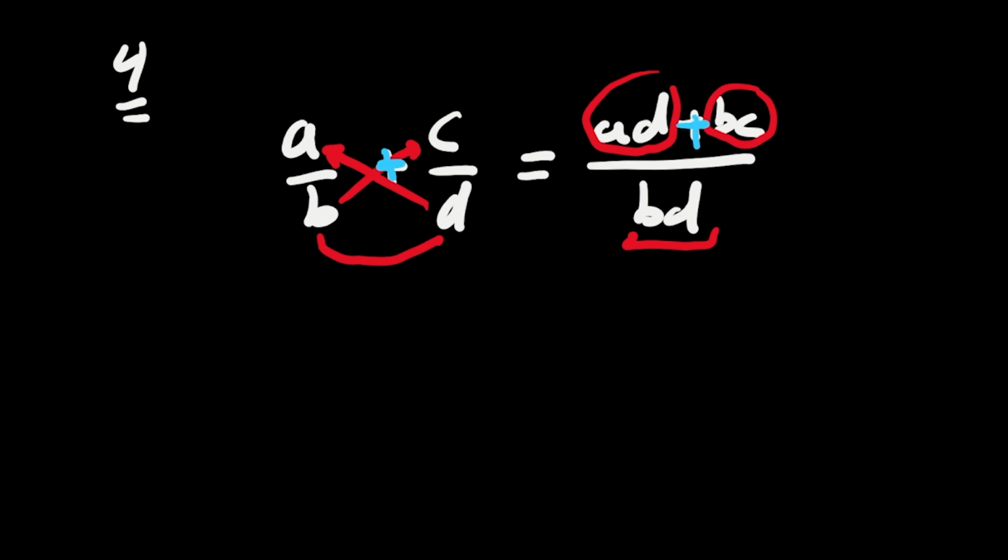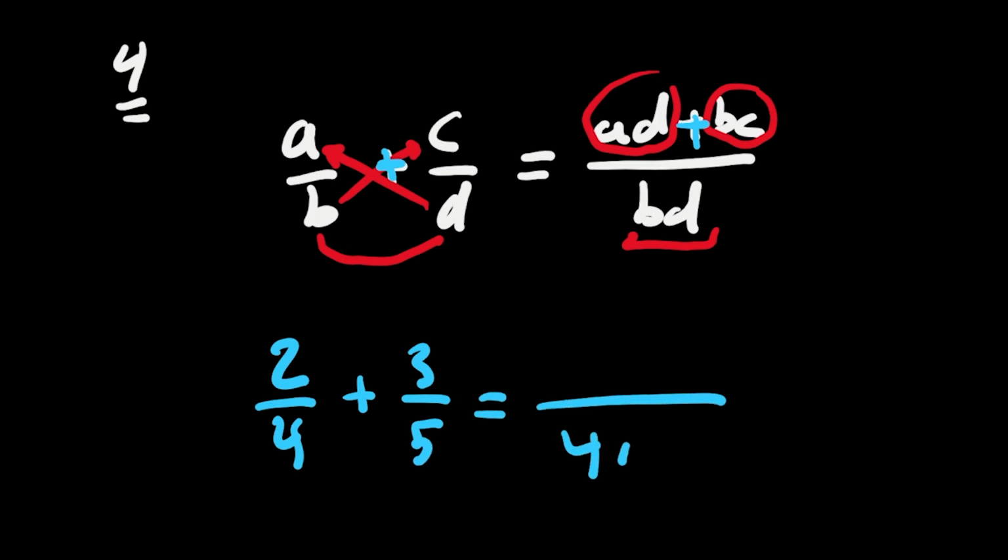Let's see an example. When we have 2 over 4 plus 3 over 5, that would equal 4 multiplied by 5 in the denominator, and in the numerator 5 multiplied by 2 plus 4 multiplied by 3.